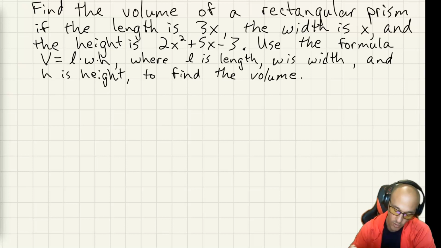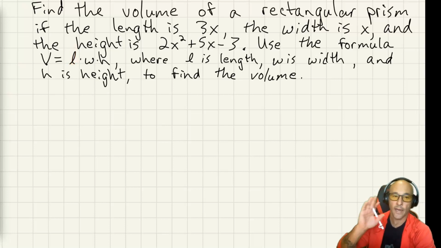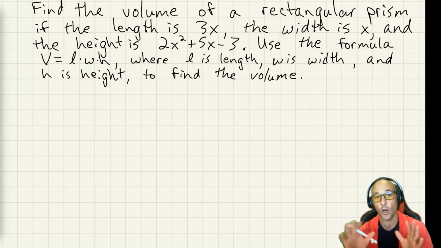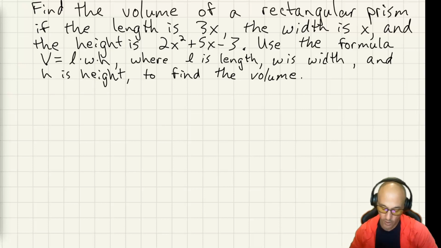Now, usually I've learned that when I do L's for length, if it's a variable, it's a script L, because if I do it like that, it looks like a 1. They don't do this in the curriculum, and I don't know why, but just know that sometimes they have an L that just looks like a 1. But I think by the context, you'll know.